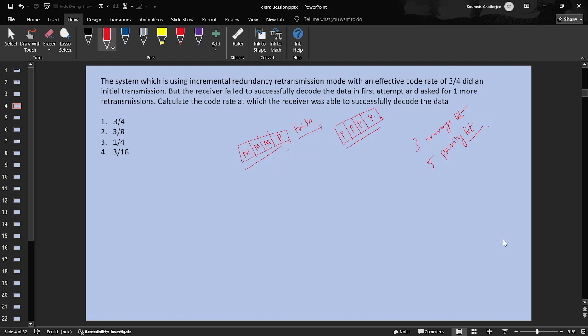It cannot be 1/4, right? So if I am transmitting 3 message bits and 5 parity bits, what is my effective code rate?